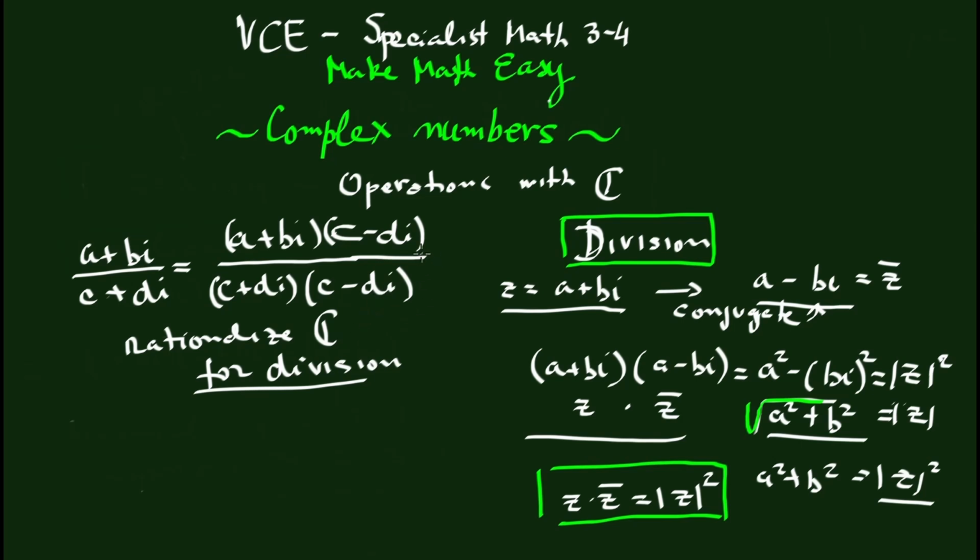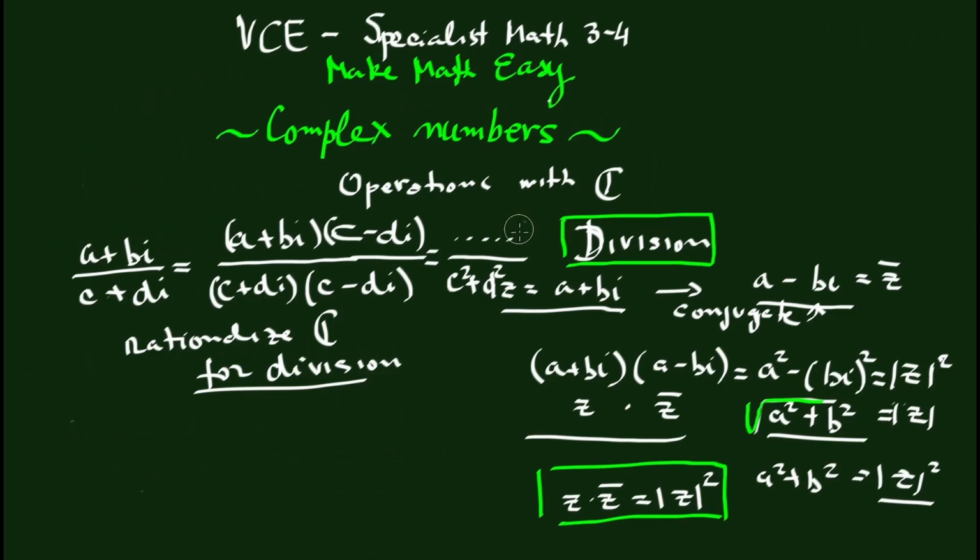And so what that becomes up there, whatever it becomes, but down we rationalize it and it becomes obviously c squared plus d squared.